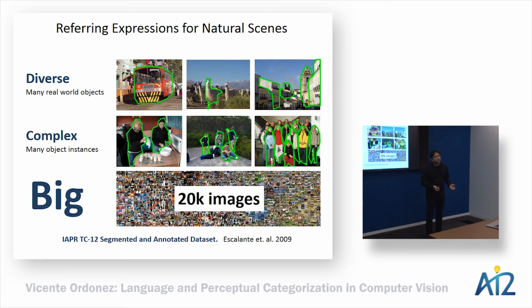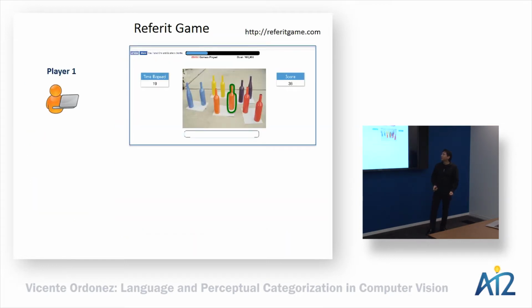And the way we collected the referring expressions was actually using a game. And the game works in a very similar fashion to the way I described before how referring expressions work. This was an online game, where player 1 would see a screen like this, where they would see an image and an object that is outlined, and they write a referring expression, orange bottle on the right.